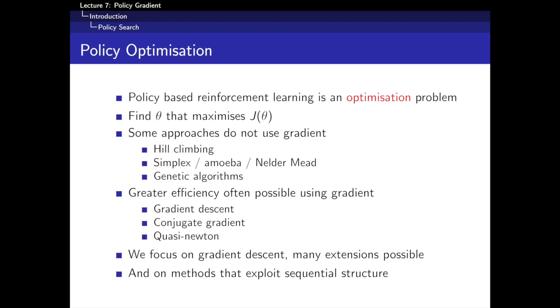But typically, the reason people consider gradient-based methods is that if you have access to the gradient, you can almost always get greater efficiency out of your optimization method. Familiar methods include gradient descent, conjugate gradient, and quasi-Newton methods. There's a large family of methods that make use of gradient information to gain greater efficiency, because the gradient points you in the direction of greater reward, in the direction of how to do better in this MDP, rather than having to blindly try things by trial and error and figure out which is best.